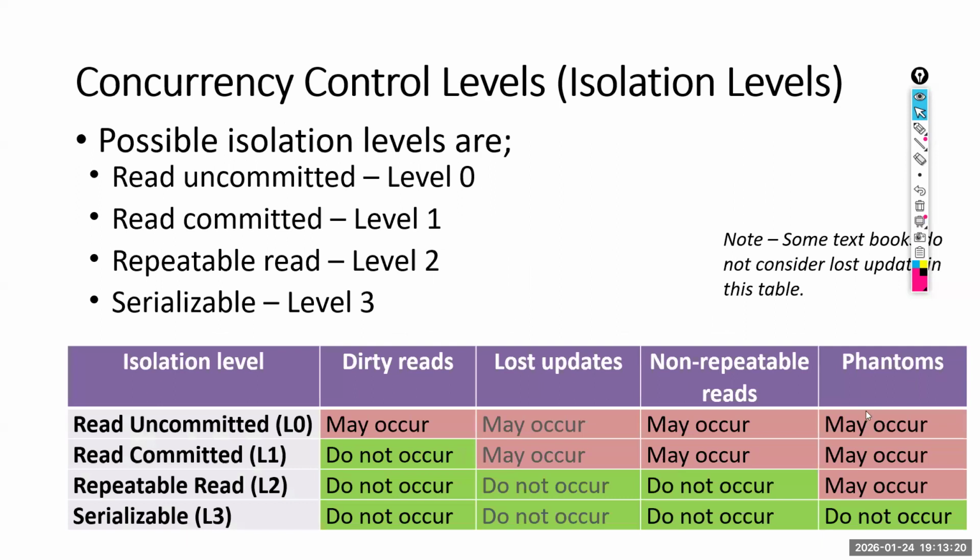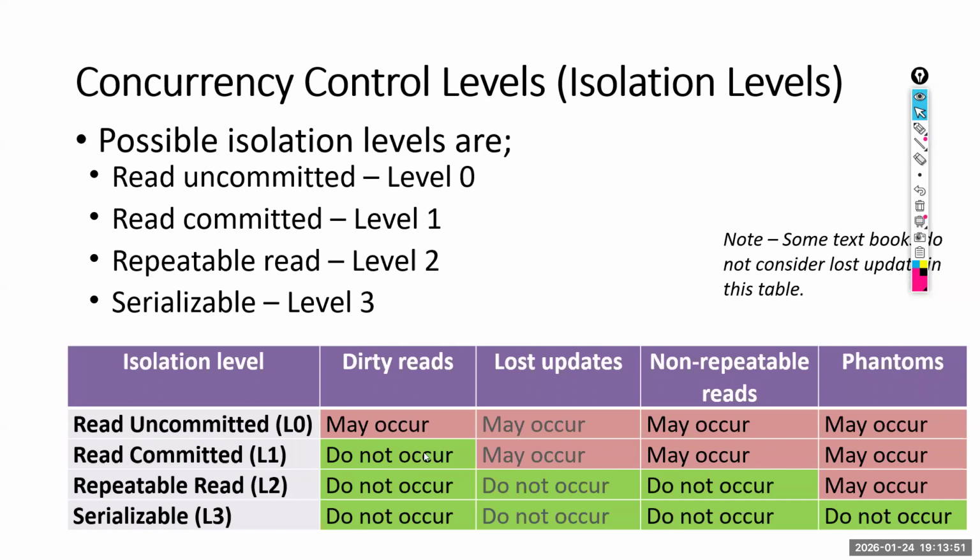So these are the isolation levels, right? Serializable is the highest level. So then no dirty read, no lost update, no non-repeatable reads, no phantom. Repeatable read is where phantom can happen. Level 2. Level 1, read committed, means phantom can happen, non-repeatable read can happen, even lost update can happen.